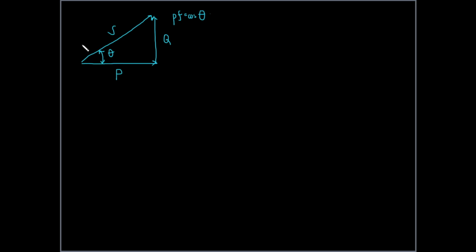So which means you need to be closing this power triangle. The S must approach the P in order for you to have a unity power factor. And the reason behind is mainly economical. So you can just go check your notes for that.